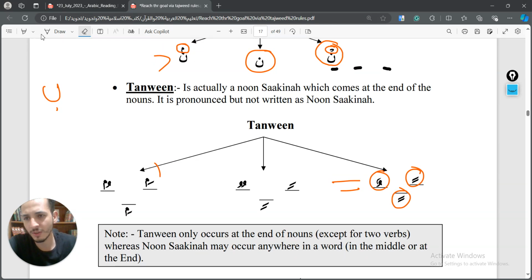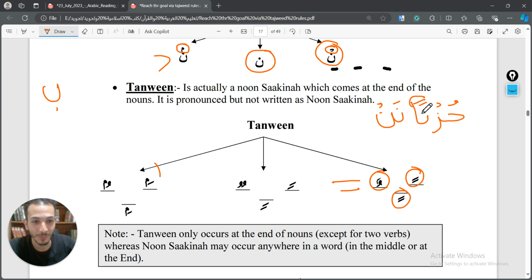Tanween, let's read just the definition so it can be clearer, is actually a Noon Sakina which comes at the end of nouns. It is pronounced but not written as Noon Sakina. For example, when I write a word such as this with a fathatan, I say huznan. It's like you have two noons there, noon and Noon Sakina.